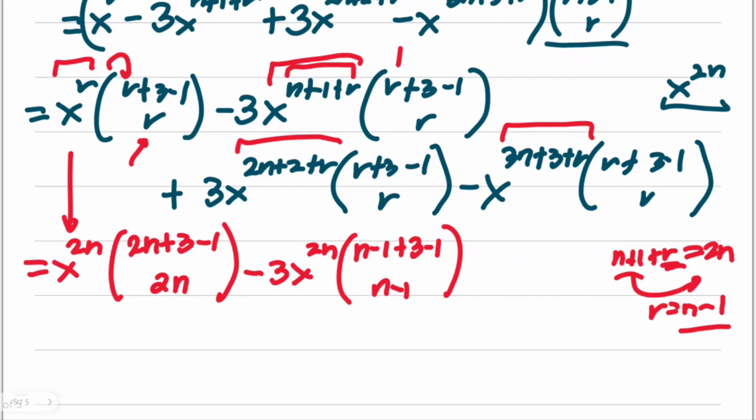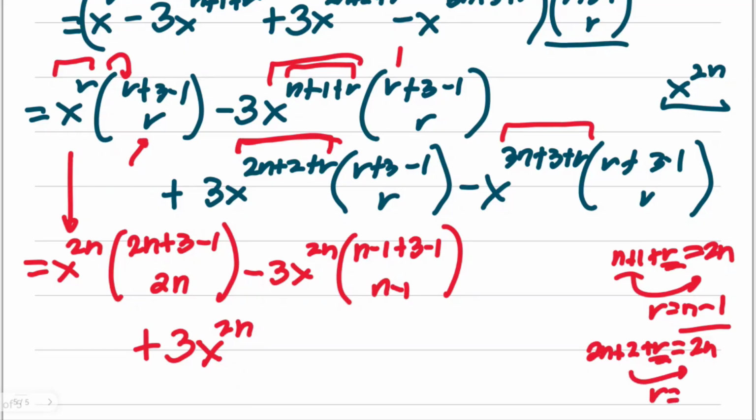The third term, for this to be x to the power of 2n, what would be the value of our r? So you have 2n plus 2 plus r is equal to 2n. Our r, moving that there, our r is actually negative 2 because 2n minus 2n is 0, so minus 2. So you will have here, our r is negative 2 plus 3 minus 1, combination negative 2.